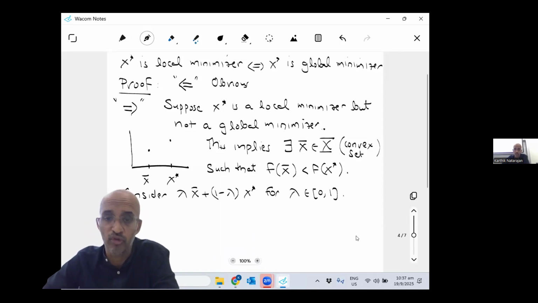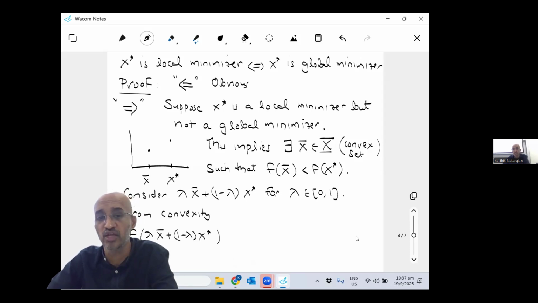So we are now going to use convexity. So what do we know? From convexity, f of lambda x bar plus 1 minus lambda x star. Remember, both of these are points in the convex set.